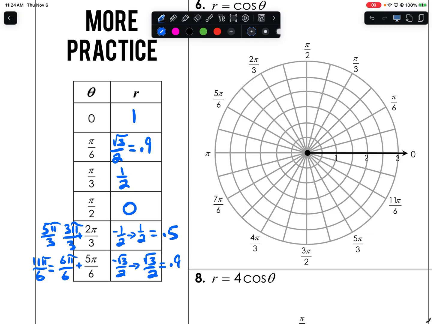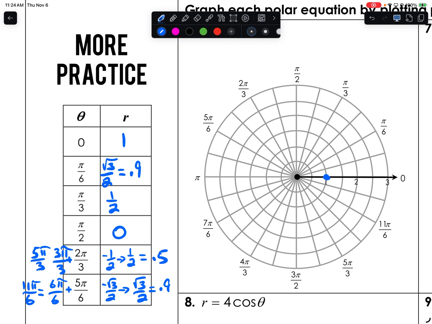So we have a point at 0, 1. We have a point at pi over 6, 0.9. So this one's going to be tighter to the origin, right? Because we didn't multiply it by 2. So it should seem closer, right? So pi over 3 is 0.5. That's an innermost circle.